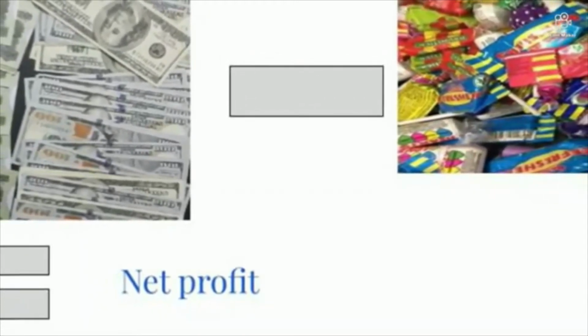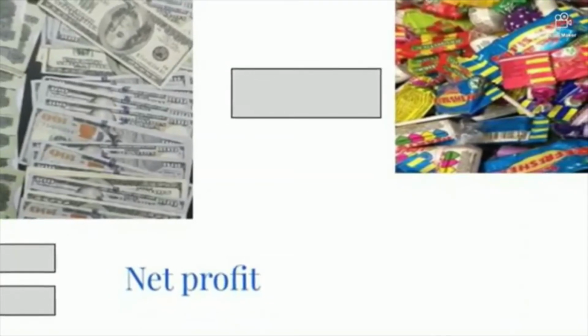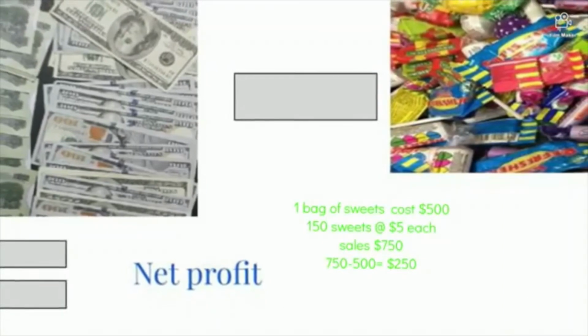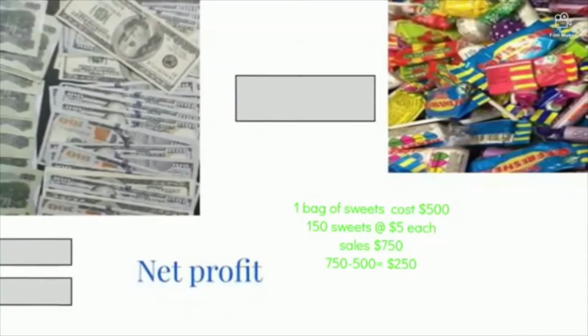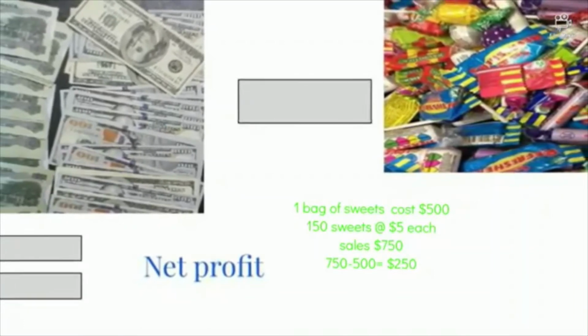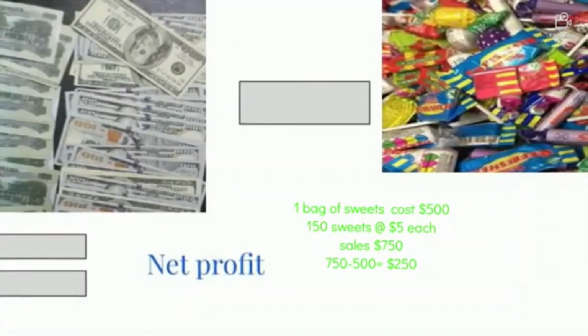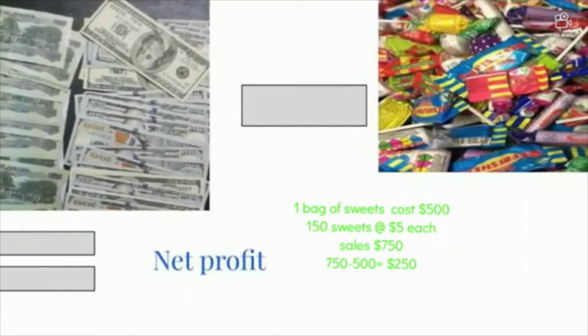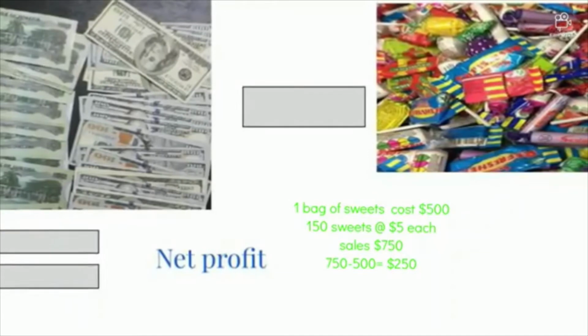Example, a bag of sweets costs $500 and contains 150 sweets. Each sweet in the bag was sold for $5, which gives us a total of $750. Therefore, one would say that they make a profit of $250.